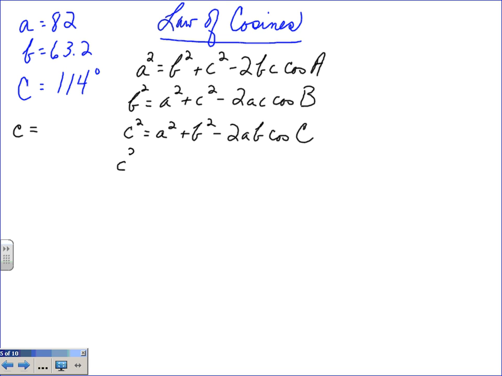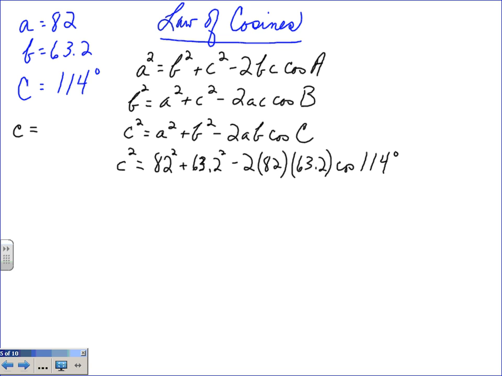So that c squared is equal to a squared plus b squared, 63.2 squared, minus 2 times a times b times cosine of 114 degrees. And we simply put that into our calculator the way we have it written.